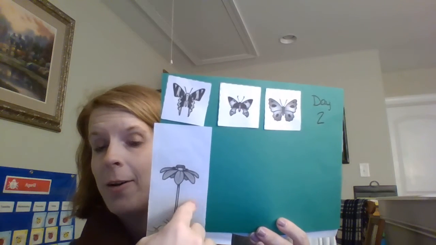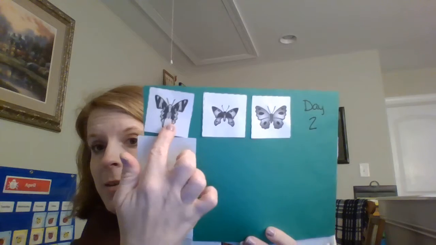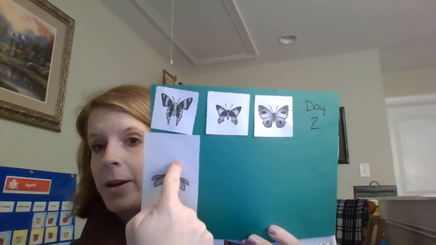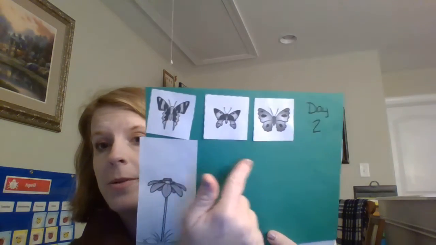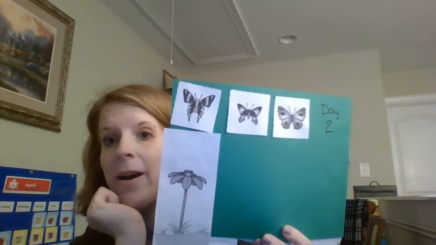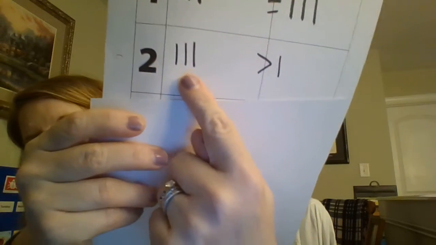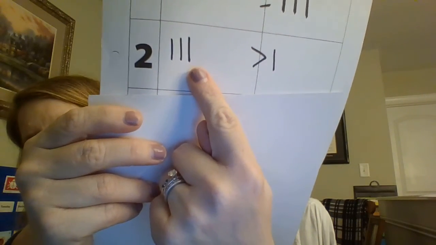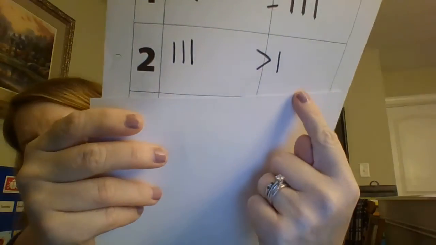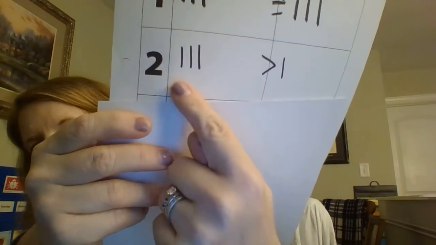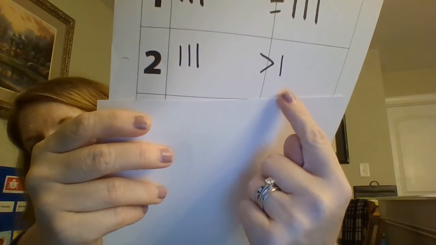We have less flowers, more butterflies. This butterfly has 1 flower it can go to. But these 2, no, they don't have a flower. So if we look at day 2, we see that we have 1, 2, 3 butterflies and 1 flower. 3 is greater than 1.